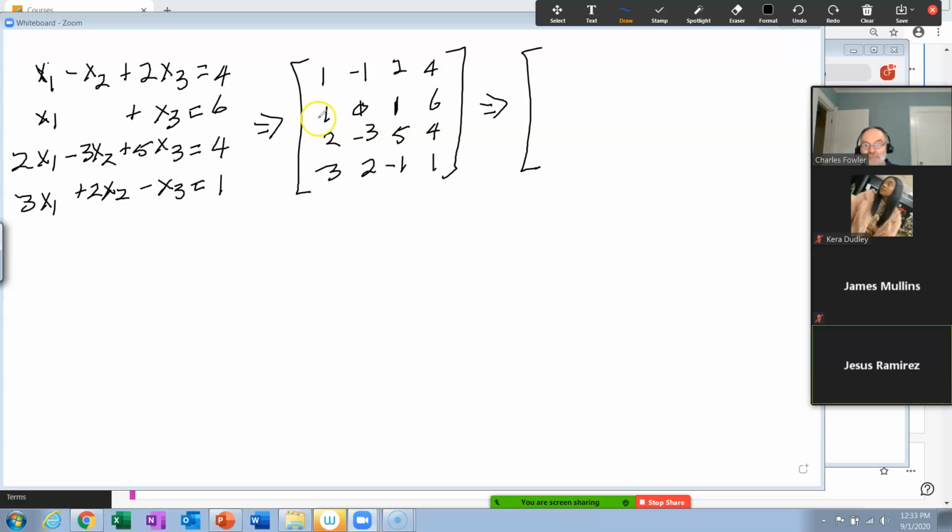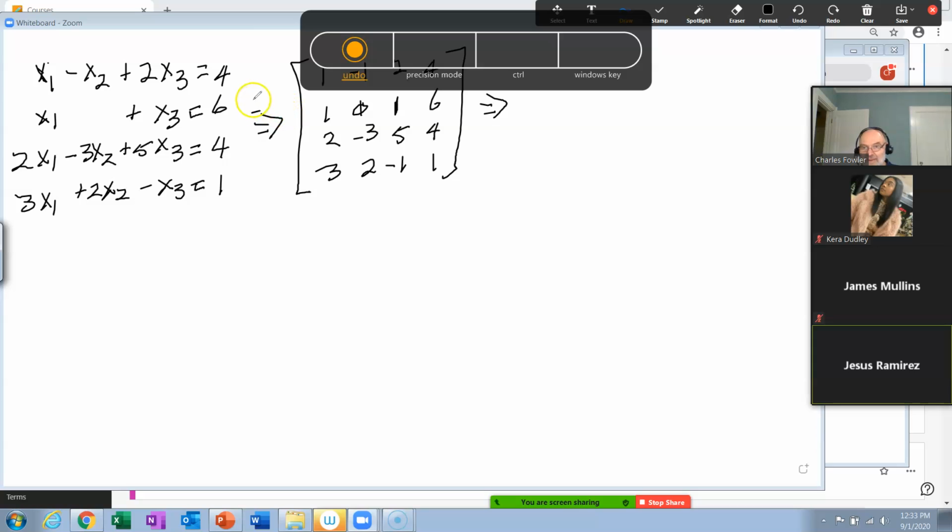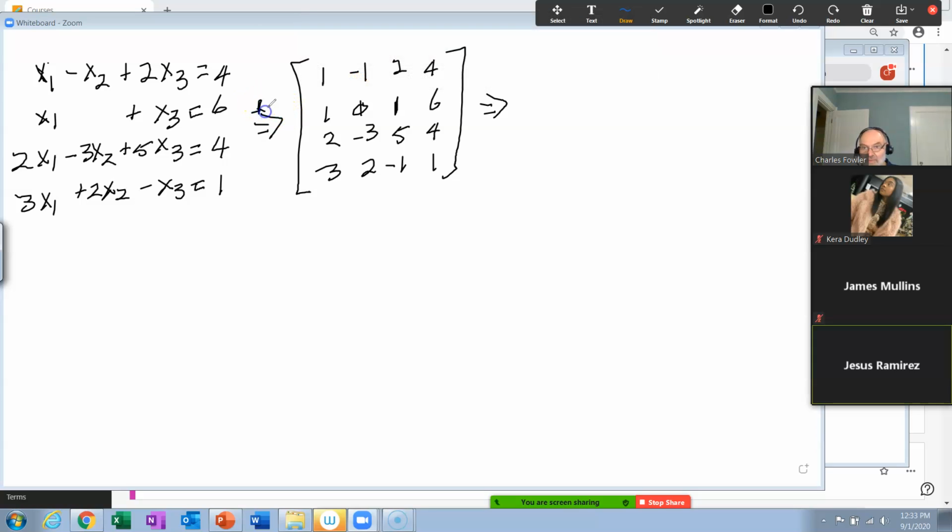Okay, what do we want next? We want zeros below it. So to get this one to be a 0, minus this, so minus 1 plus that. So minus row 1 plus row 2. Okay? We're using row 1, so we just keep it right like it is. 1 minus 1, 2, 4.